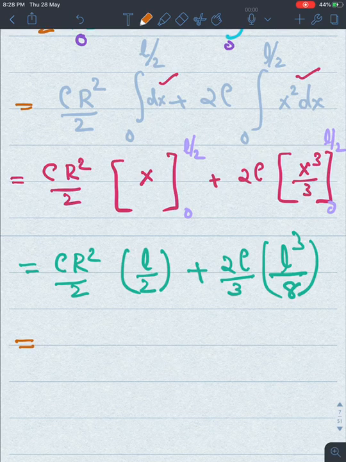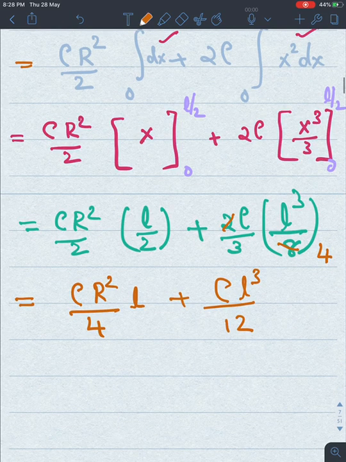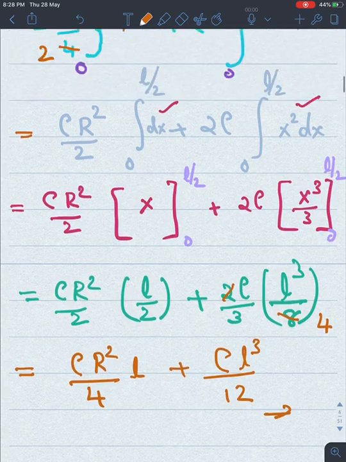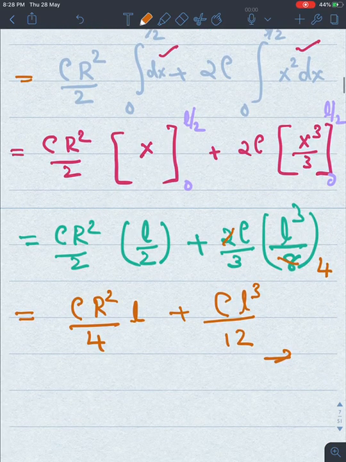This is equal to rho r square by 4 L plus 12 rho L cube by 12. This is equation number 6.